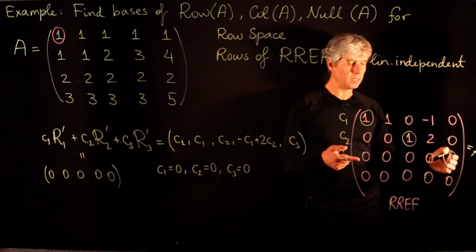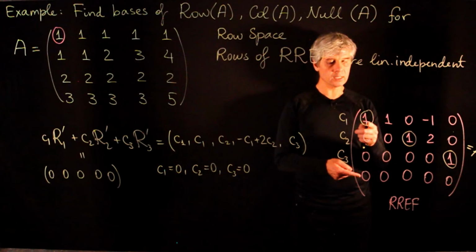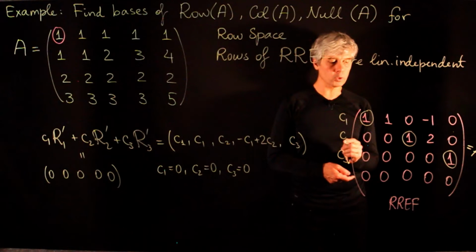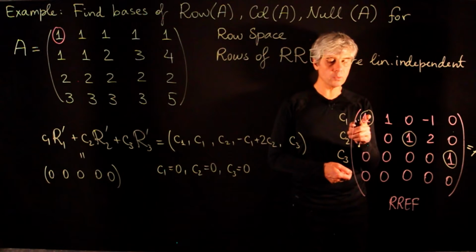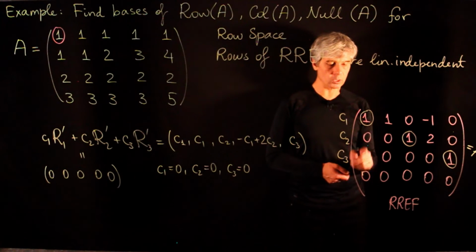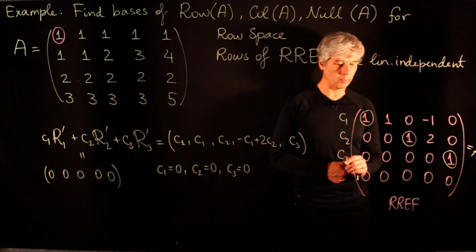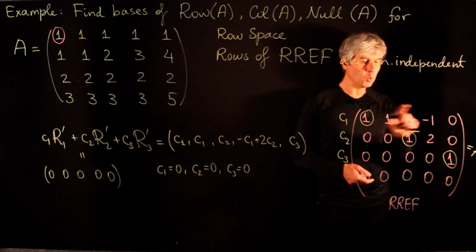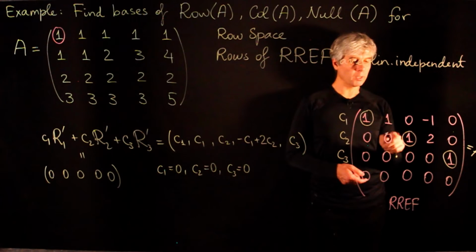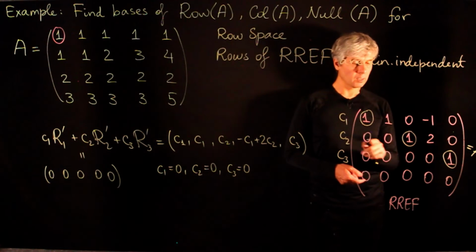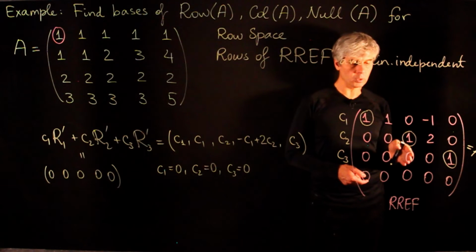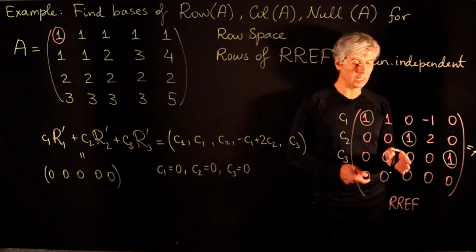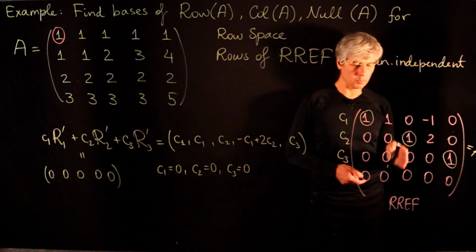The component of this linear combination in the first pivot position is going to be C1, because we'll have zeros in all other entries of this column. Now, the component that corresponds to the second pivot will only be C2, because this pivot is the only non-zero entry in this position.